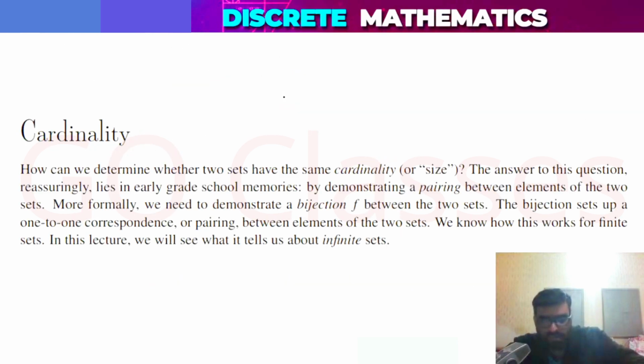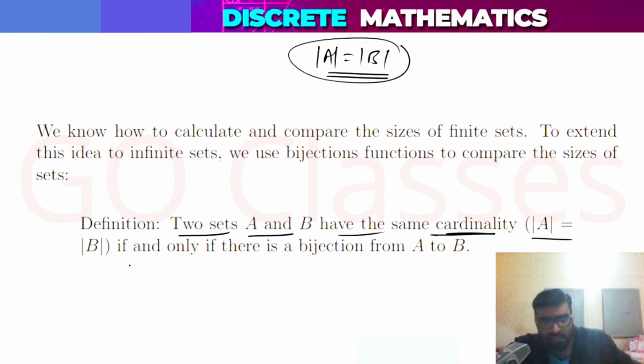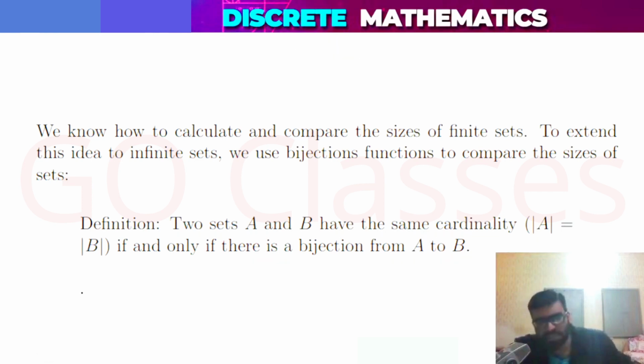The definition of cardinality is like this: two sets A and B have the same cardinality, meaning the cardinality of A is equal to the cardinality of B, if and only if there is a bijection from set A to set B. Bijection means one-to-one correspondence, where we put elements of set A and elements of set B in one-to-one correspondence. This is how mathematicians have defined cardinality.